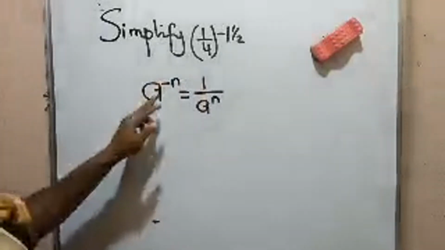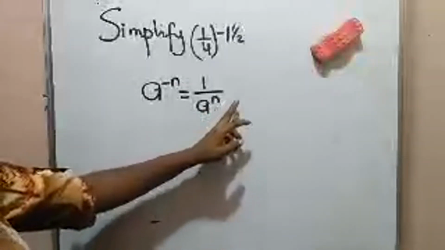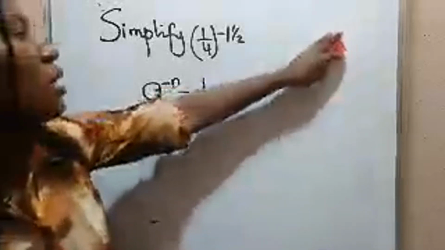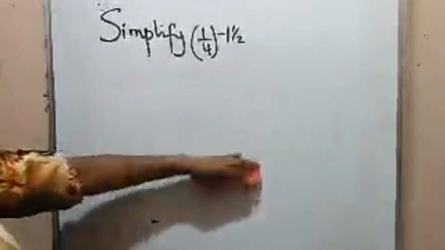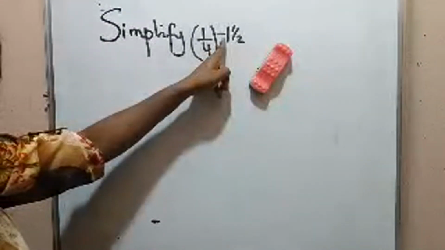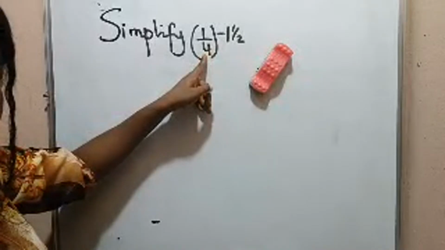It means that if we want to change the negative power of a base, we need to take the inverse of the base. That is what the law is saying.